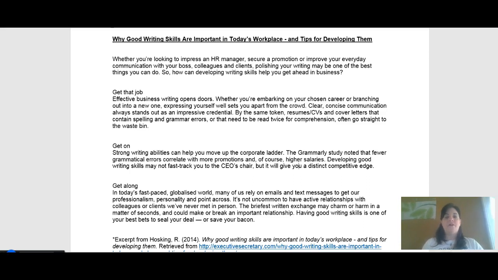Now remember, the reading stage in active reading means that you are highlighting, underlining, taking notes, asking questions, whatever it is you need to do to make sure that you are understanding what you're reading. So at this point, pause the video and complete the reading portion. If you'd like to print this document out so that you can highlight it and actually write your notes on it, you can do so.